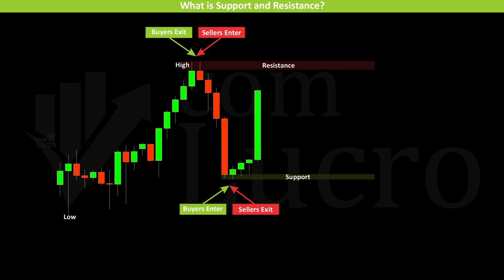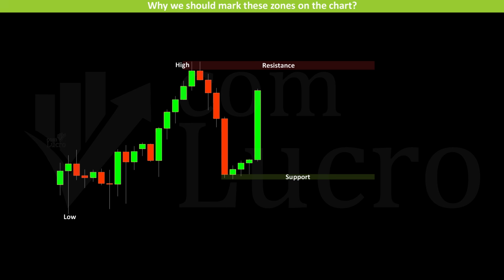Similarly, when the price pushes down, hits a particular area, and reverses, it creates a support zone. This indicates sellers closing their short positions and buyers opening long positions, which causes the price to reverse from this area.